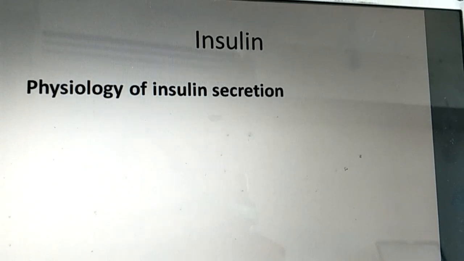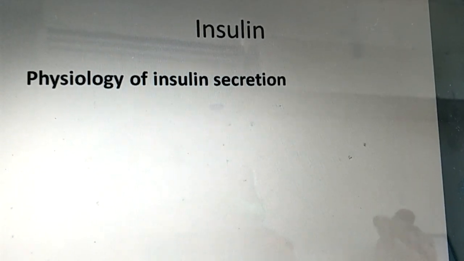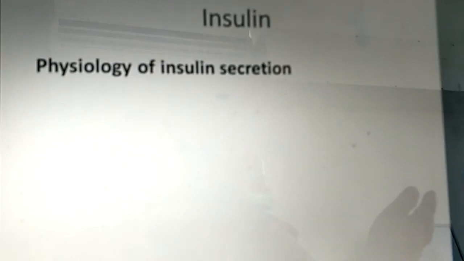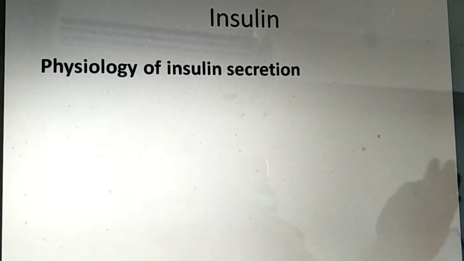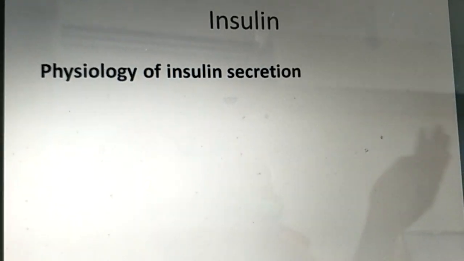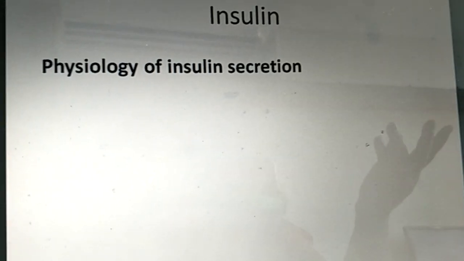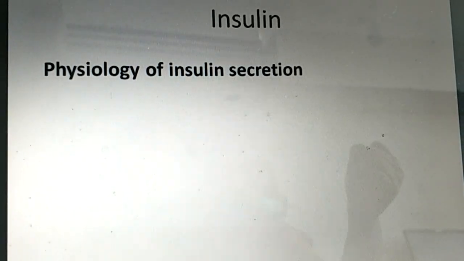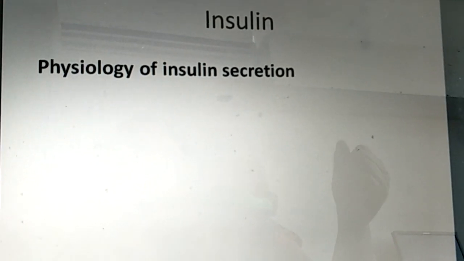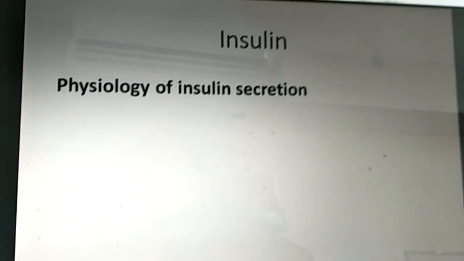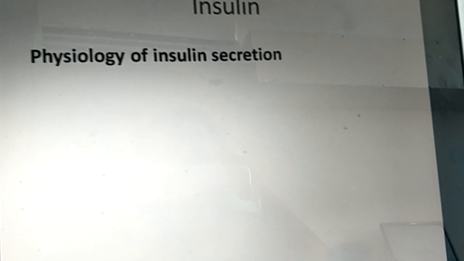So insulin is a hormone, an endogenous substance, but in type 1 diabetes and in some complicated or refractory cases of type 2 diabetes, we will use it as a drug. So first we will discuss the physiology of insulin secretion.